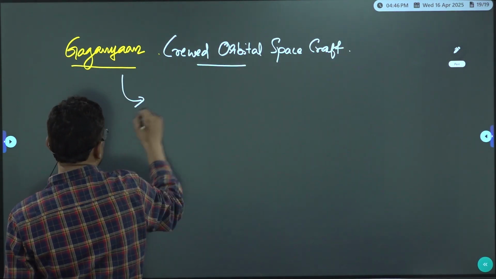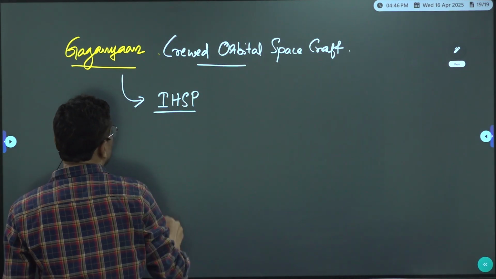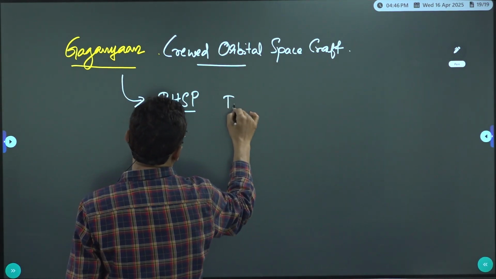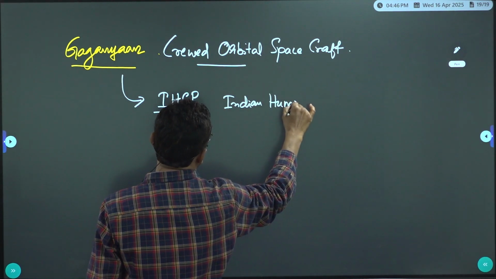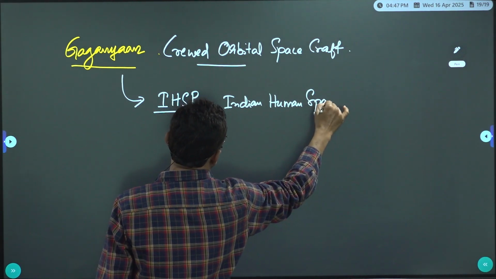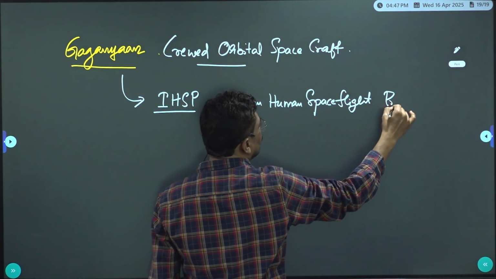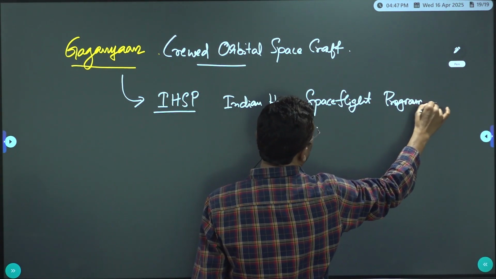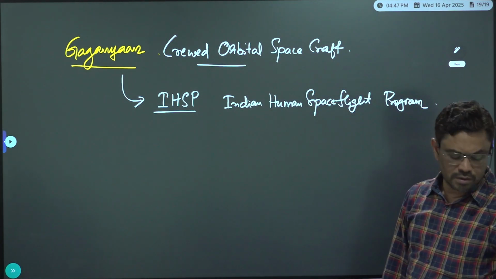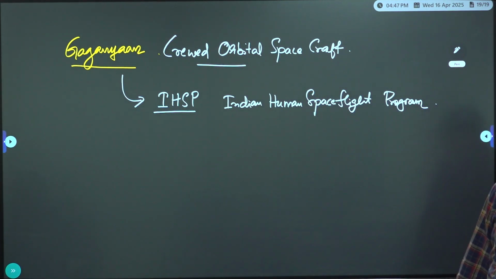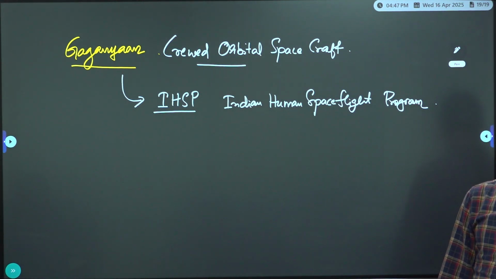It becomes the foundation for the IHSP program, the Indian Human Space Flight Program. So the Gaganyaan mission is the first crewed orbital spacecraft, and it serves as the foundation for the IHSP program.